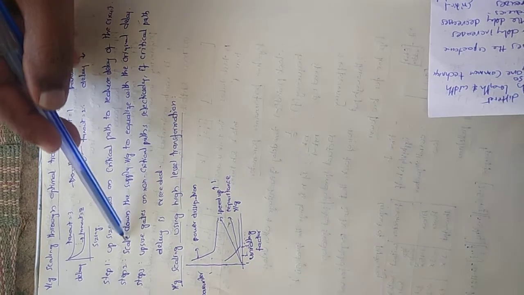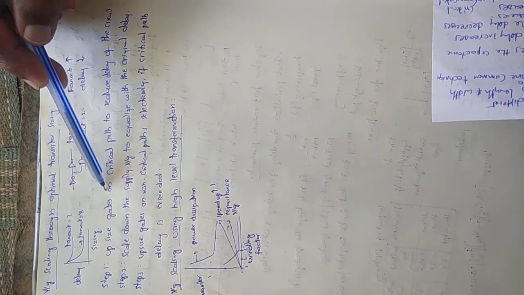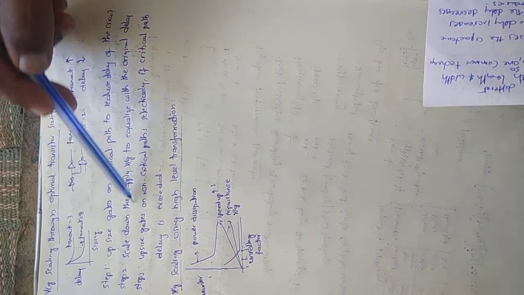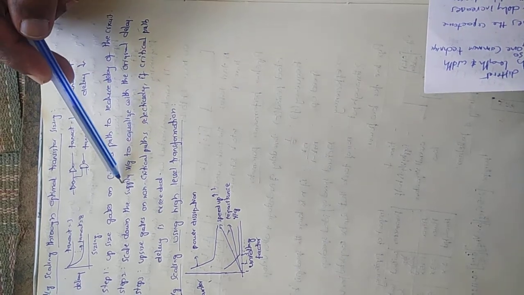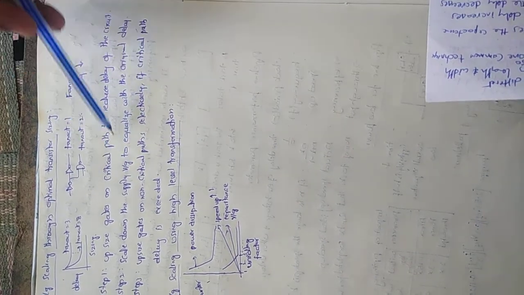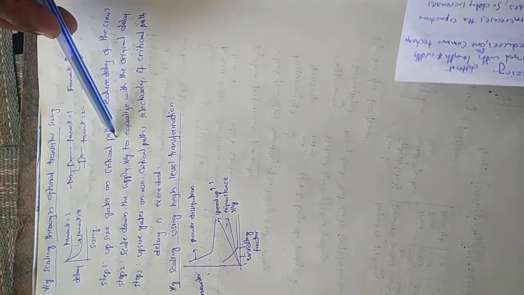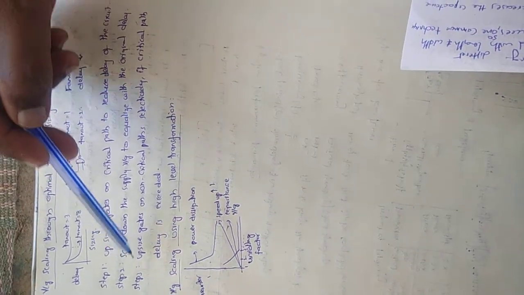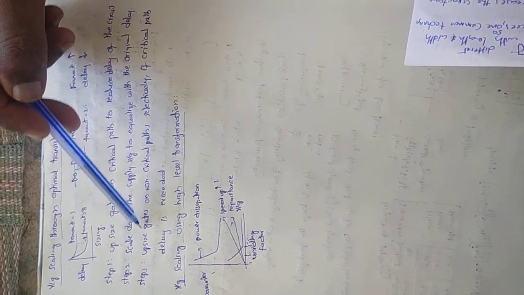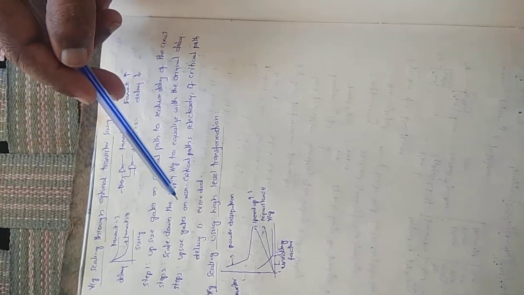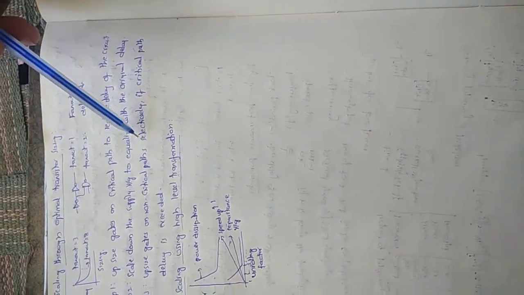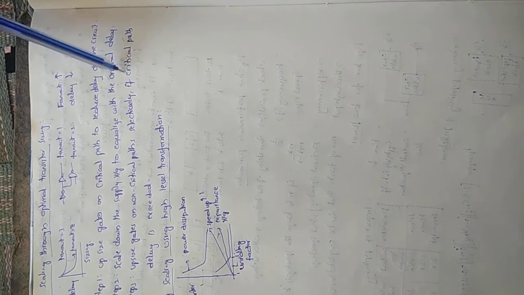The delay reduced in the first step is scaled down with respect to the supply voltage. So automatically the power dissipation decreases. In step 3, upsize gates on non-critical paths selectively for the critical path.